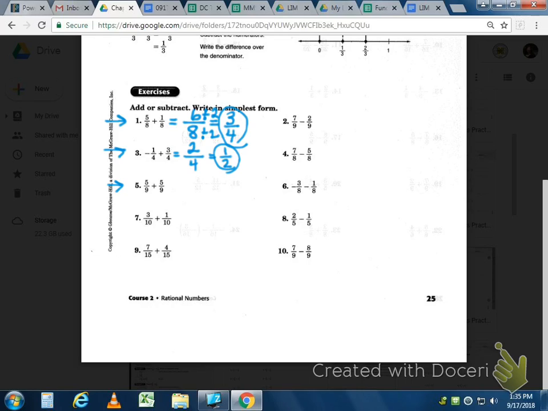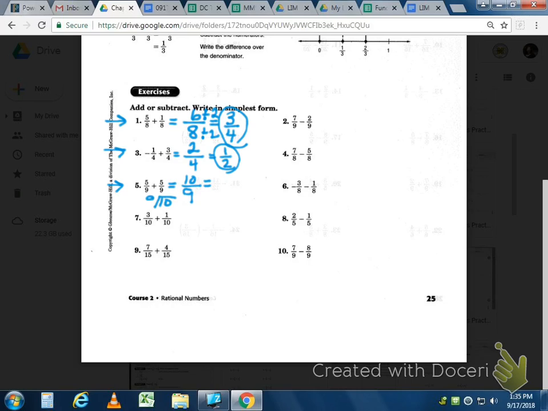Okay, number 5. 5 ninths plus 5 ninths. Nico, what's my denominator going to be? 9, and then my numerator is going to be 10. And I cannot leave it like that. How do I fix it? 10 divided by 9, absolutely.